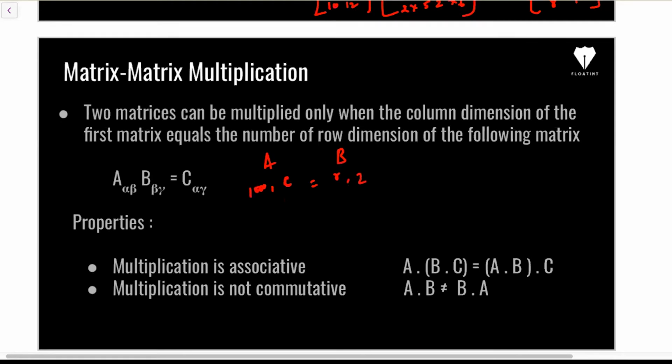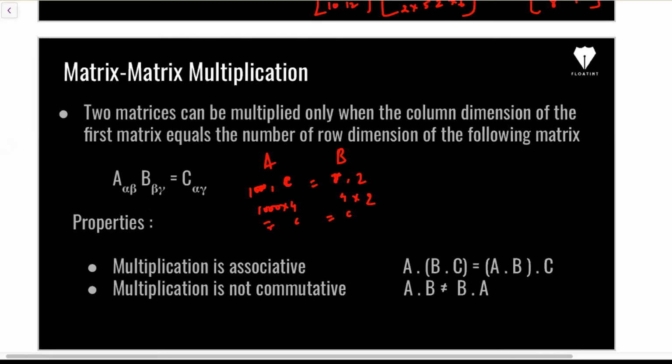Any number it can be, but the column count and row count cannot be different. So it should be 1,000 cross 4, that's 1,000 rows and 4 columns, multiplied by 4 cross 2. These two values must be the same. So this is the rule which you have to follow. Otherwise, your multiplication will not happen, right?